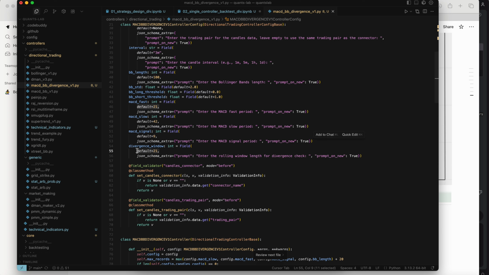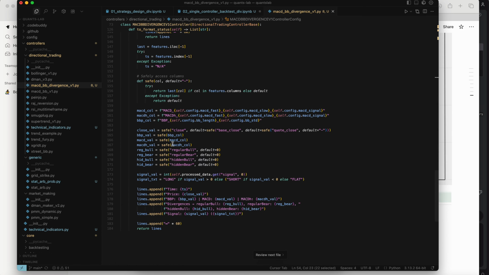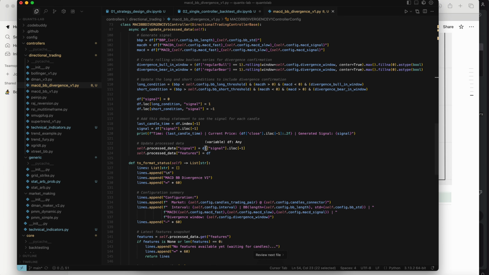That means there are 21 periods where we look for the MACD making lower lows or higher lows. We look for the price making higher highs or lower lows as well. So that's an additional parameter we put in. And the rest, we have a status, which is about the same.